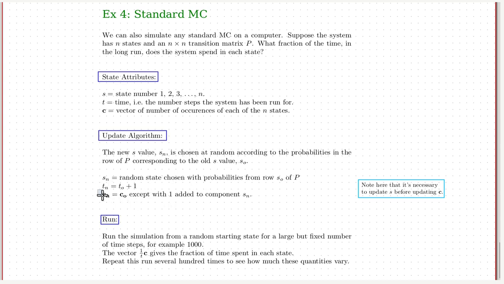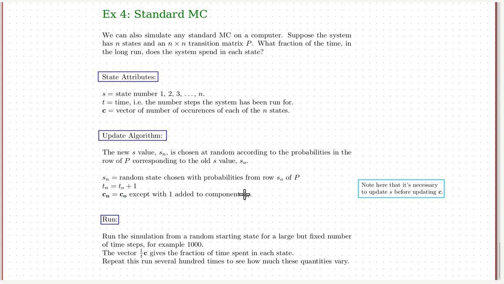How do we update the C vector? The C vector is a list of the numbers of times each state has occurred. Basically, the new value of C is going to be almost identical to the old value of C, except that one number will be incremented by 1.